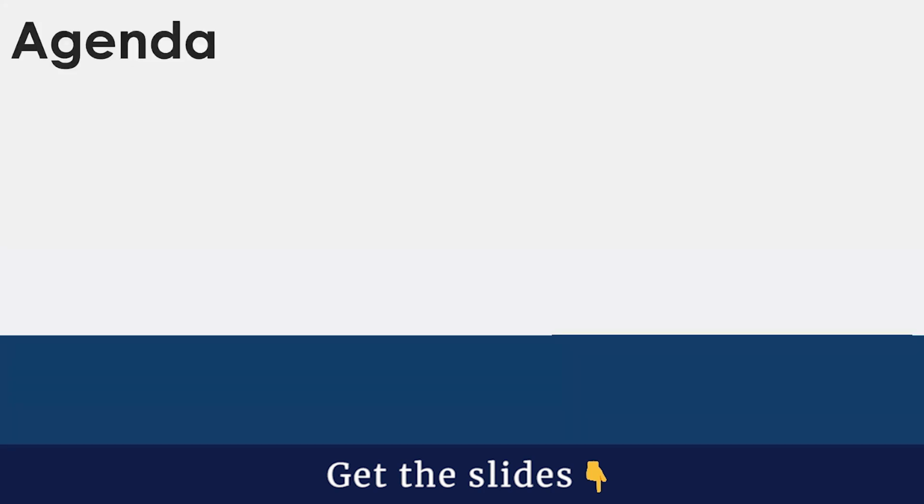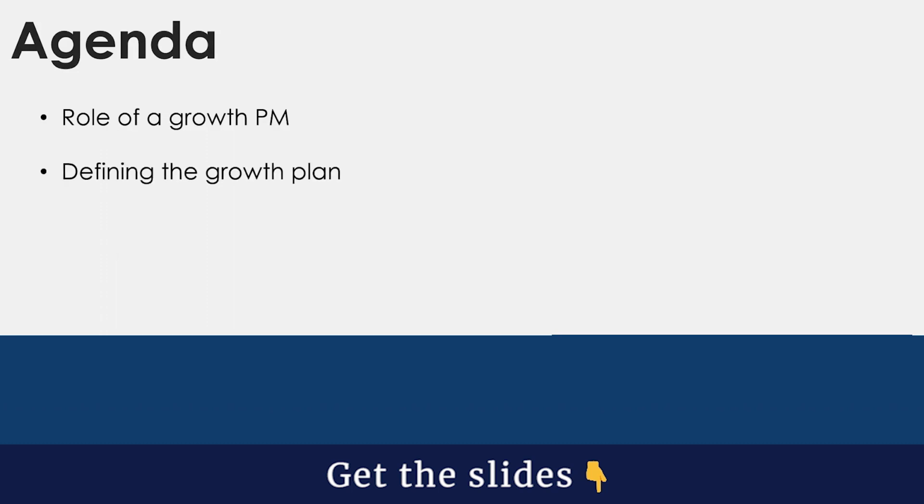Today's topic, as we already saw, is how to be a growth PM. Today's agenda really is about defining the role of a growth PM. What does a growth PM really do? Why are we unique? What is different in our role when compared to that of a traditional PM? We're also going to be talking about how you define a growth plan. How do you get from point A to point B?